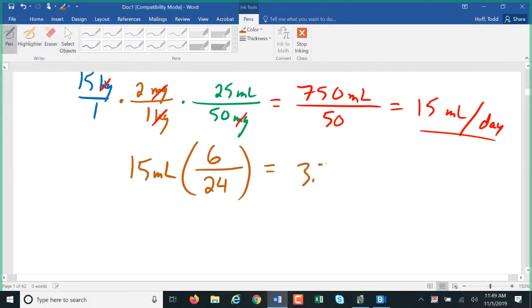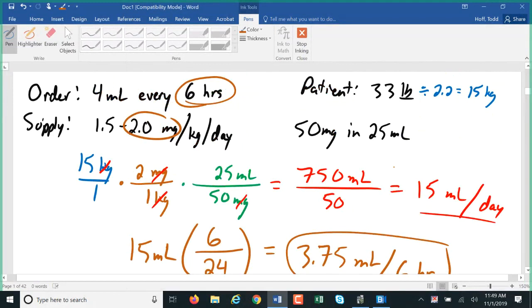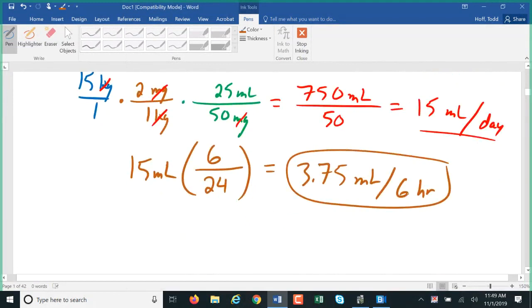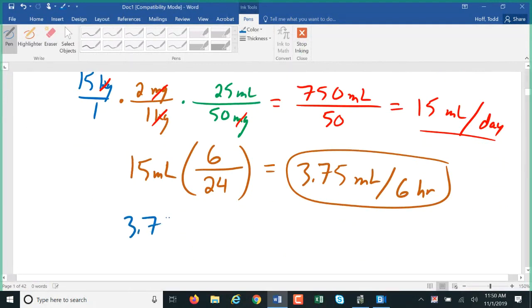It's 3.75 milliliters every 6 hours. Four milliliters exceeds that. Let's find the bottom end of the safe range just to finish it off. 3.75 milliliters is off the top end of the range, calculated off the 2.0.